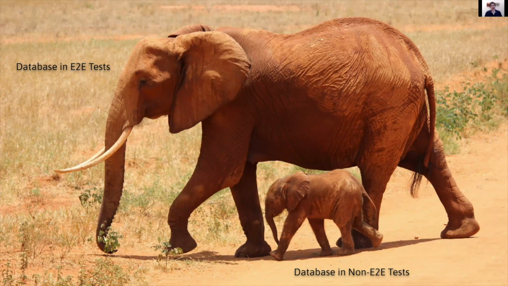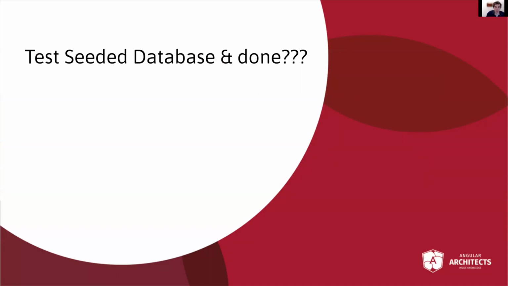Good. So, what's the problem with the test-seeded database in general? Because this is something that we just do naturally. We have some kind of database that contains a structure or contains data, which is really designed for certain test cases.